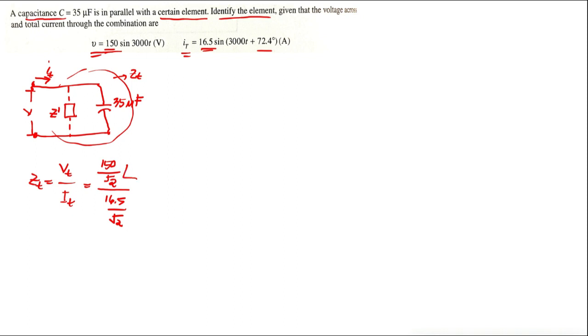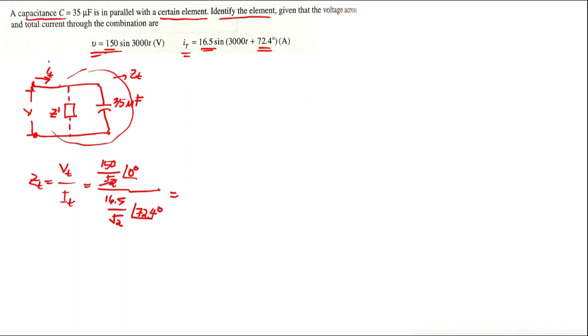The angle of your voltage is 0, so you don't see any angle here, but your current has an angle of 72.4 degrees.